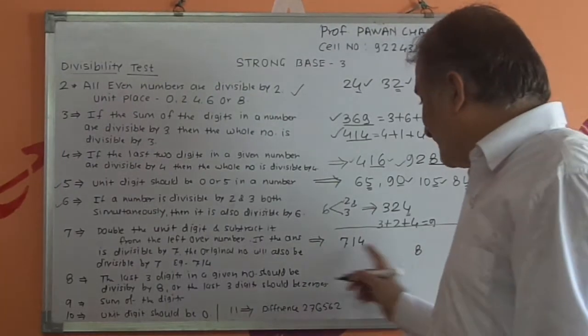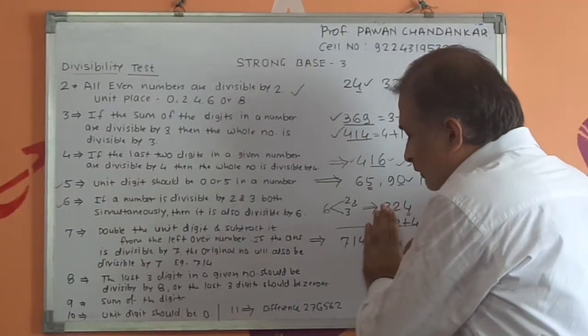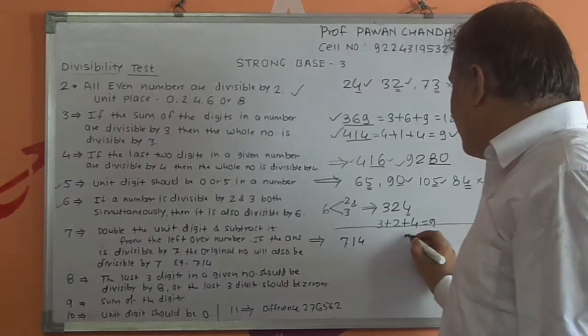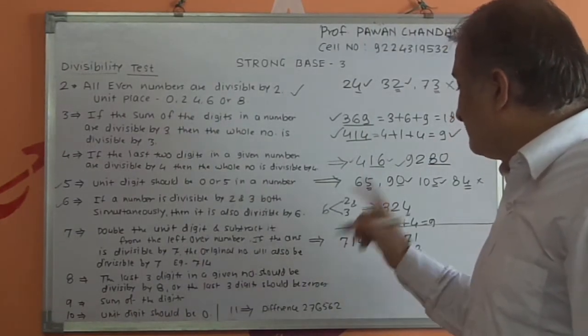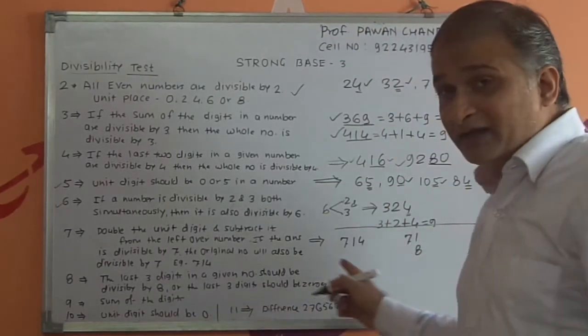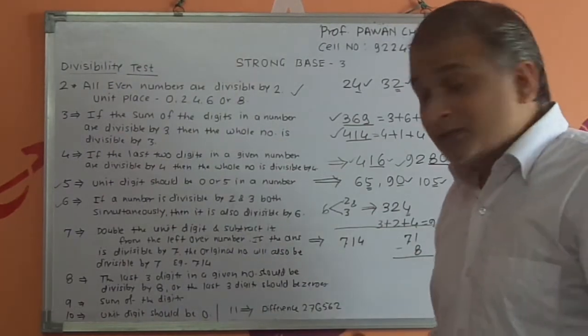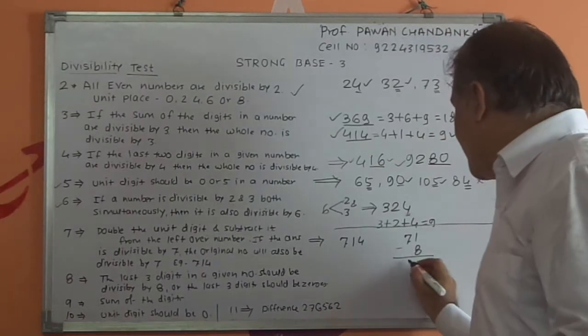Now look at the leftover number. If you hide this 4, the leftover number is 71. From 71 you are supposed to subtract the double, that particular answer. Now 71 minus 8 gives you 63.